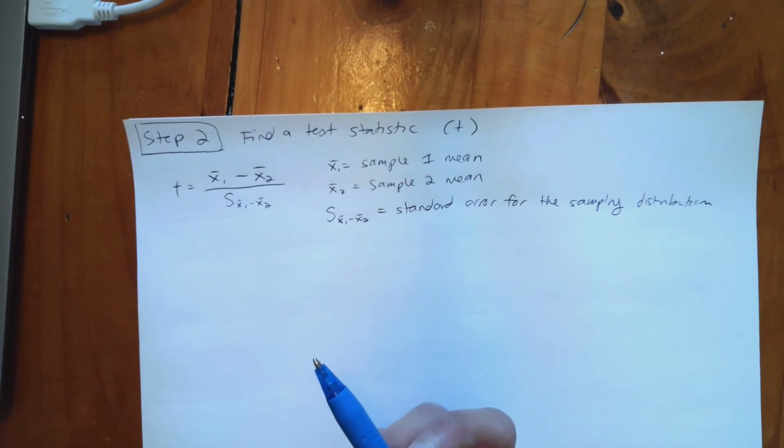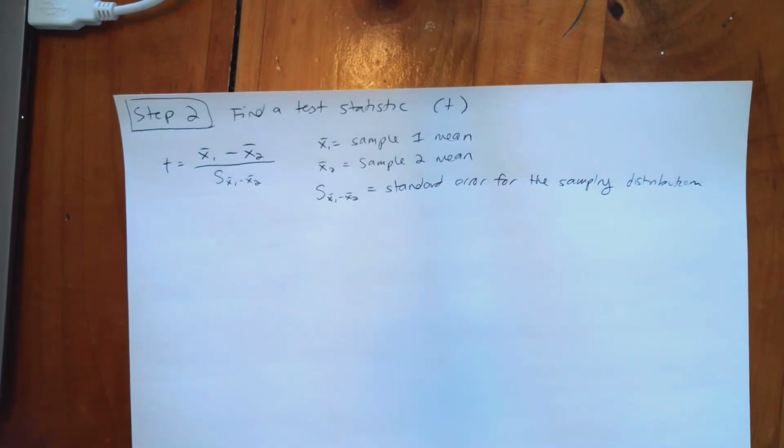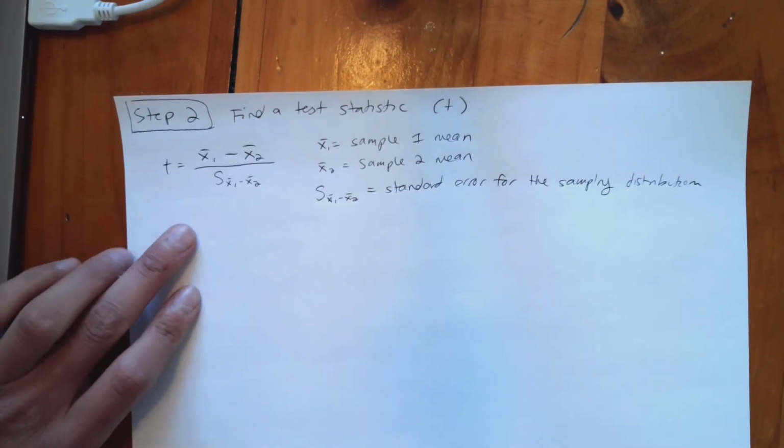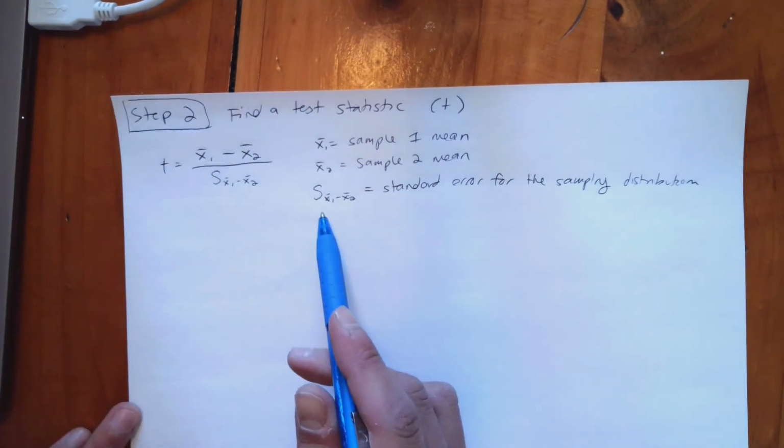There's really no value added, I think, in this class to having you calculate something with a bunch of square roots and division, and nobody in the real world would ever do that. And it doesn't really tell you anything intuitively useful either. So instead of doing that, I'm just going to give you this value for any problem like this.